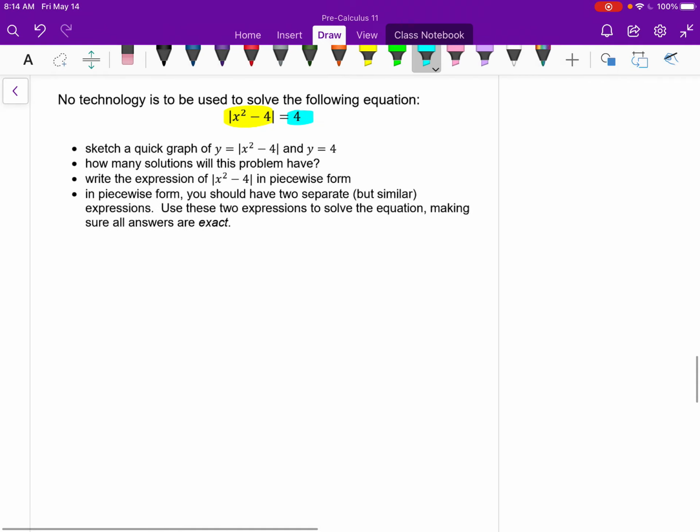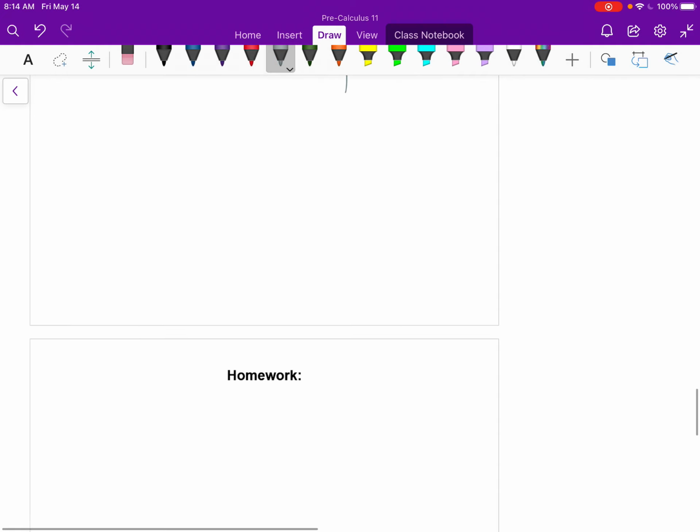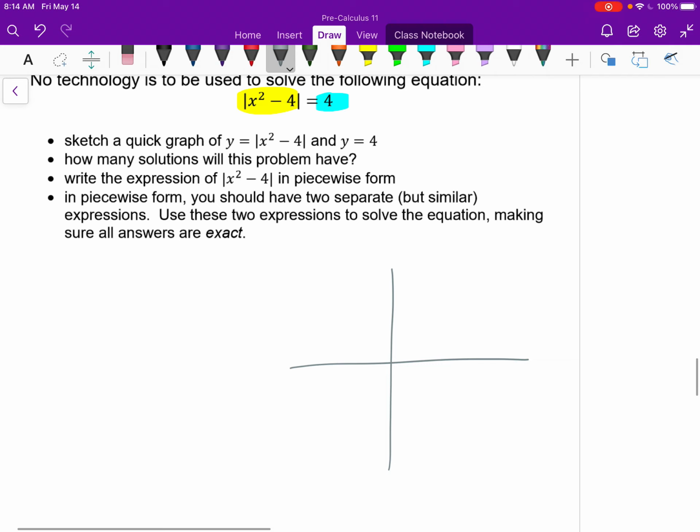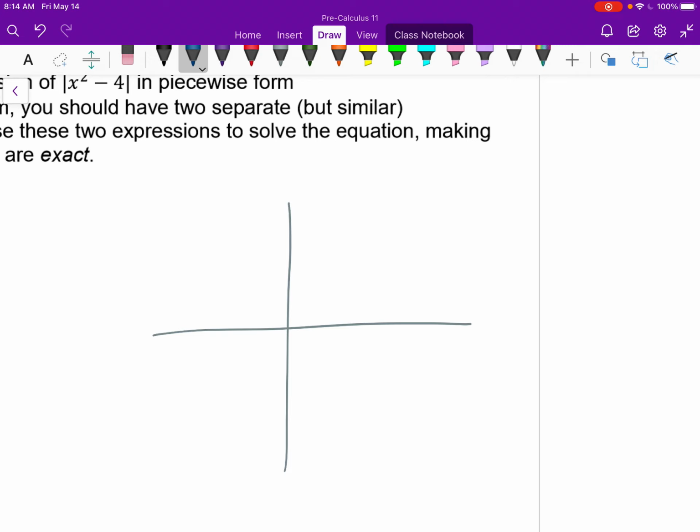So let's do that. I'll make a little xy axis here. This goes back to the last lesson: to visualize the absolute value of x squared minus 4, I first want to visualize x squared minus 4. It would have its vertex down at negative 4, and it would open up, looking something like this.